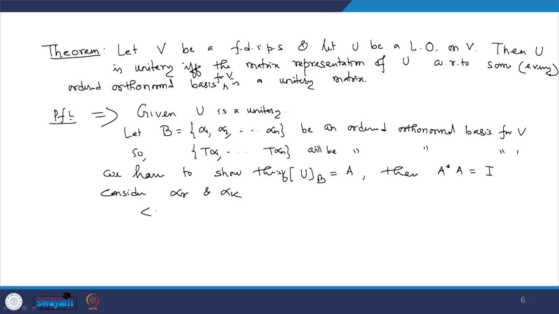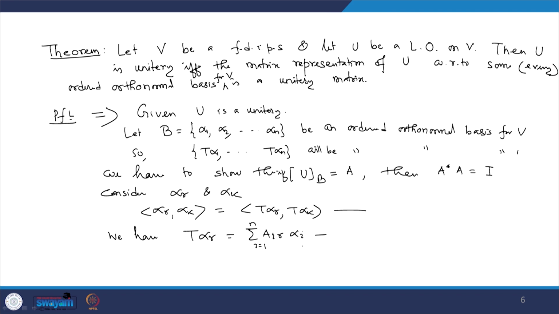So, we have the inner product of alpha r and alpha k must be equal to the inner product of T alpha r and T alpha k. This is the given condition. Now, from the definition of the matrix representation, T alpha r will be equal to sigma A i r alpha i, i equal to 1 to n.